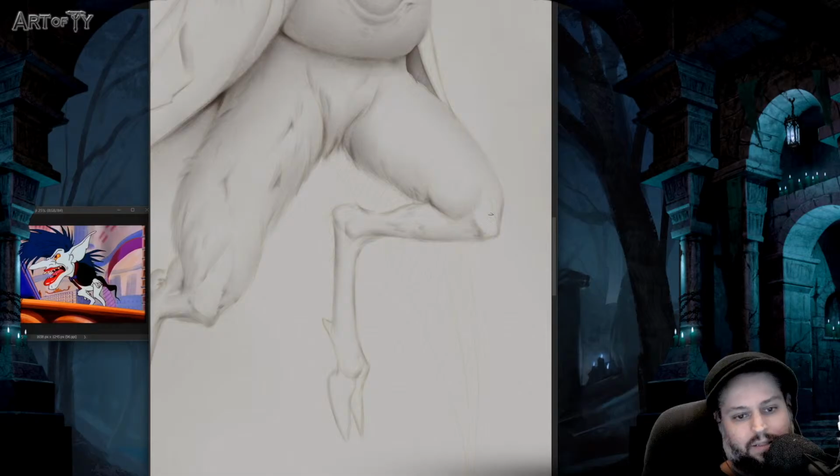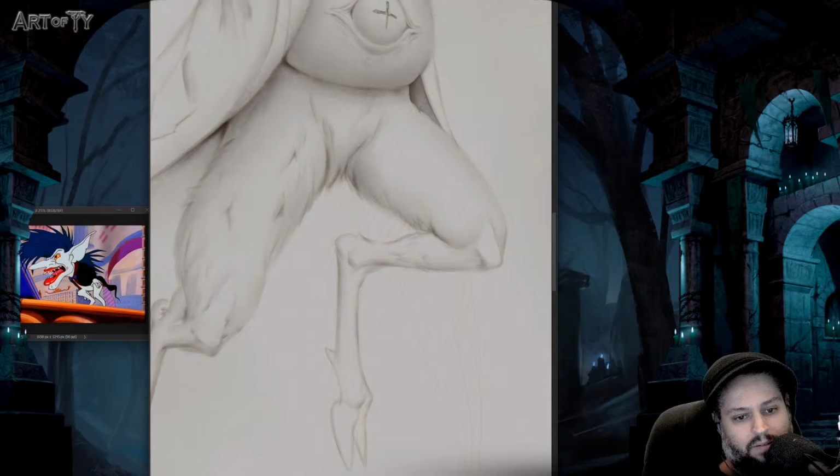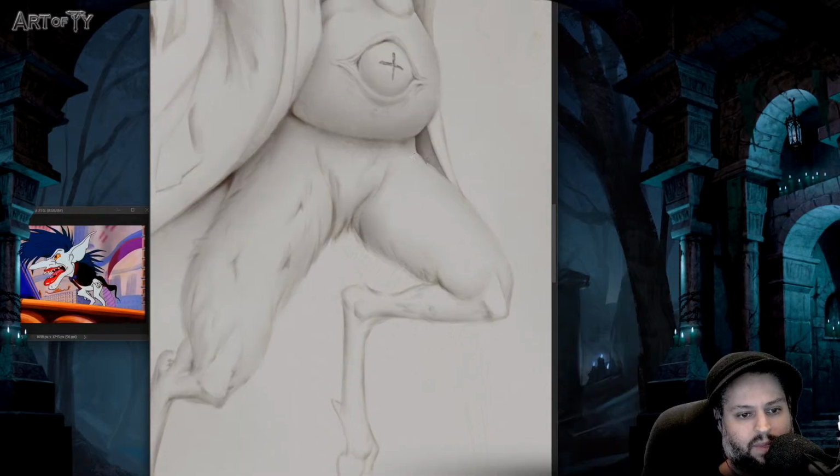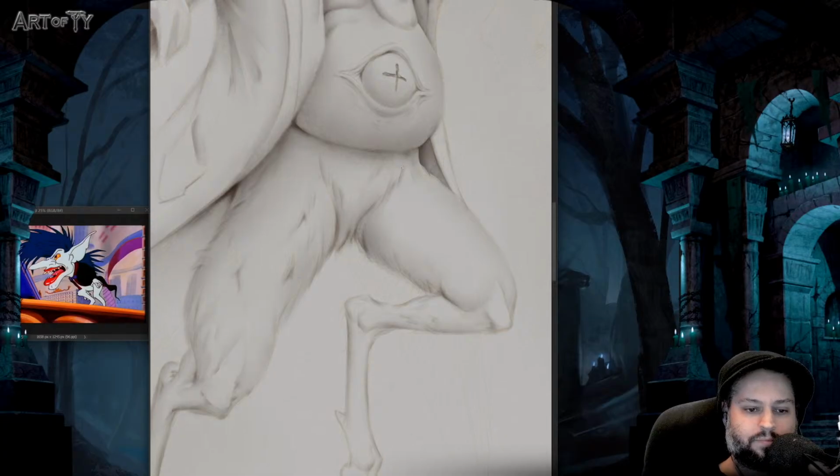It's a little faded looking, but it's hanging in there. Yeah, a relic in time.